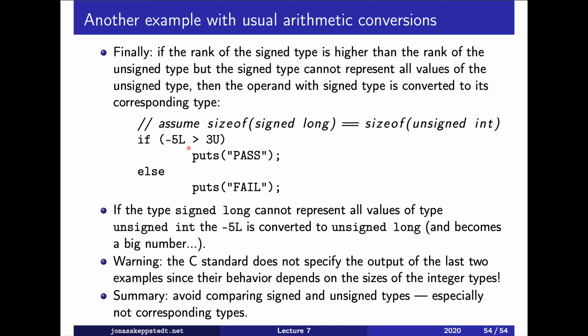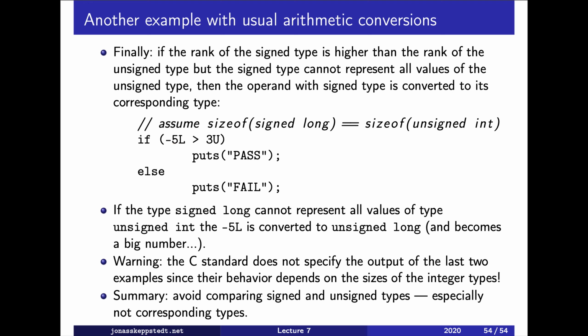So then signed long cannot represent all numbers in the type unsigned. That's clear. If both have 32 bits, for instance, the largest unsigned value cannot be represented in the signed type of also 32 bits.